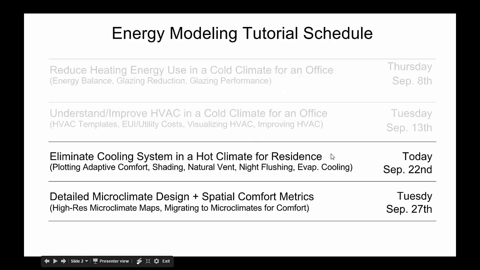But just to give you a sense of the overall schedule, we covered some basic energy modeling stuff in the last two sessions before we had a bit of a break last week, which is very nice. So now we've covered a lot of energy modeling basics about how to set up energy models, and we're going to apply this to a specific design project in today's workshop. We're still going to be using an energy model, but we're going to use it to help us eliminate a cooling system, to make a completely passive design for a hot climate in a residence.